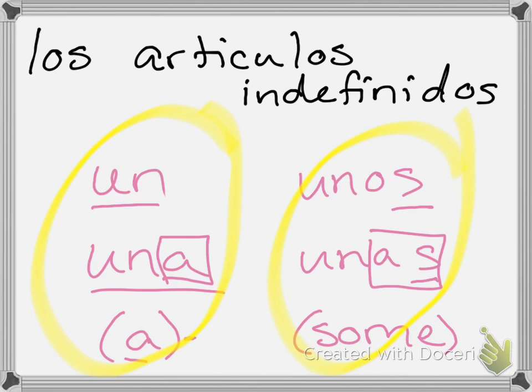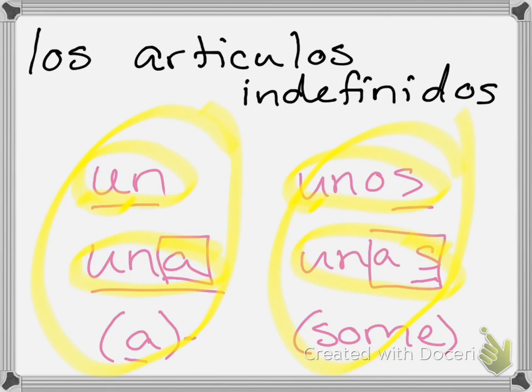So once again, just like in the last video, un, okay? So we have un, which is going to be singular and masculine, right? If I'm talking about something singular and masculine, una is a singular feminine word. Unos would be a masculine plural word, and unas would be a feminine plural word.